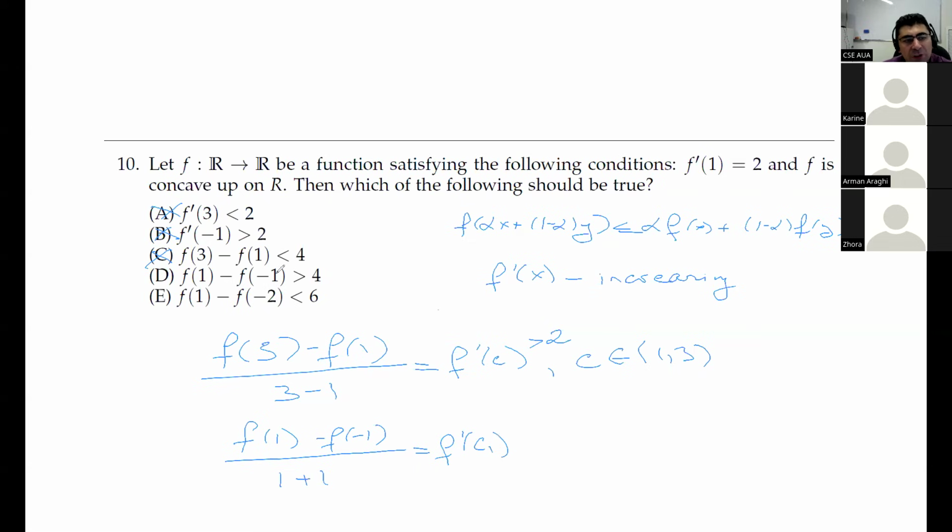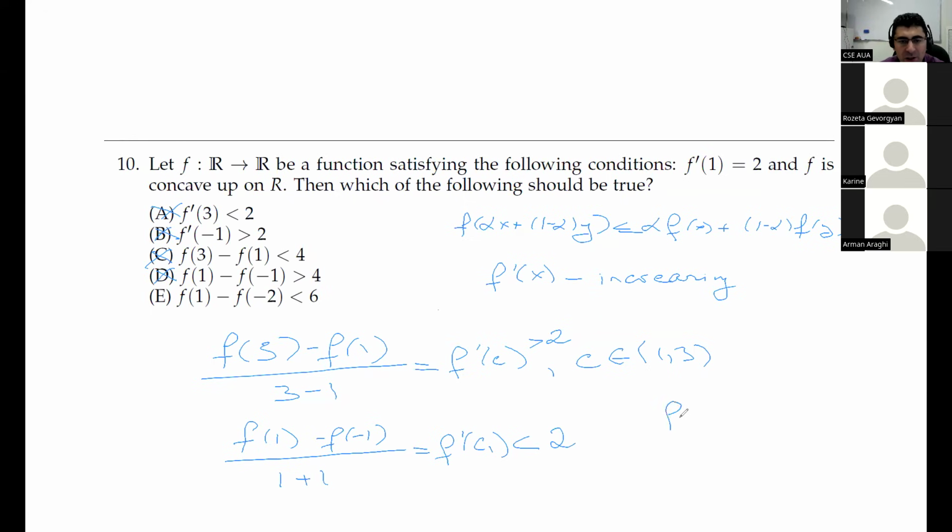Now this c1 is smaller than 1, hence the derivative should be less than 2. Again, this is not the correct sign of inequality. We can drop this.